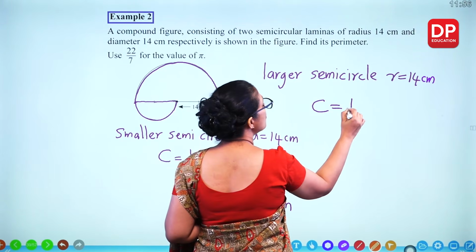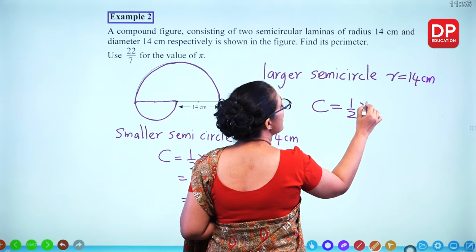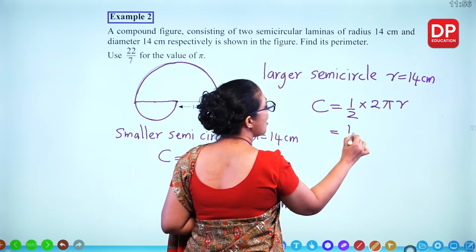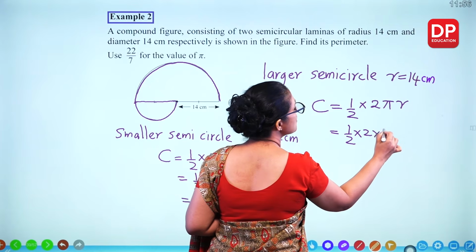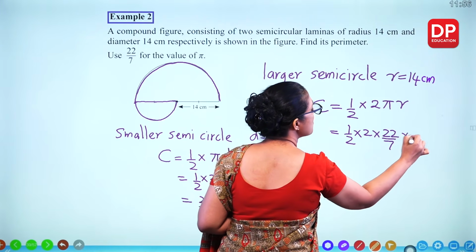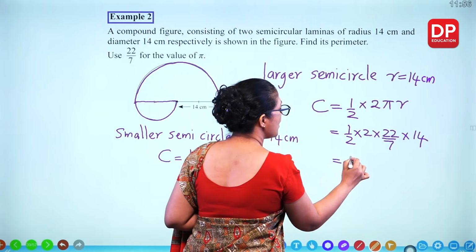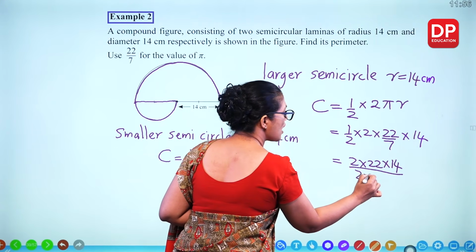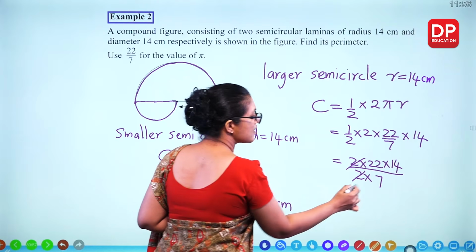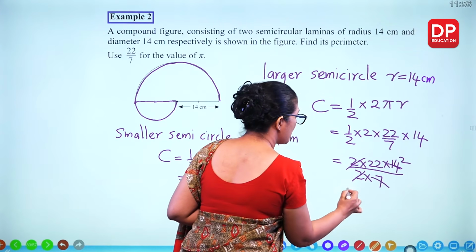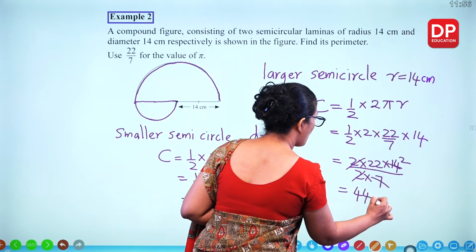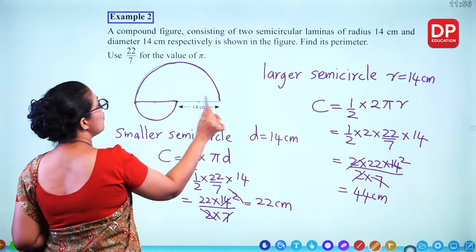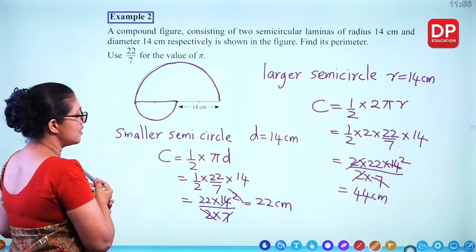Half into 2 pi r. Half times 2 times pi, 22 over 7 times 14. What's the value? 2 times 22 times 14 over 2 times 7. 2 gets cancelled out, 7 and 2. So you get 44 centimeters. So this is 44, this is 22.